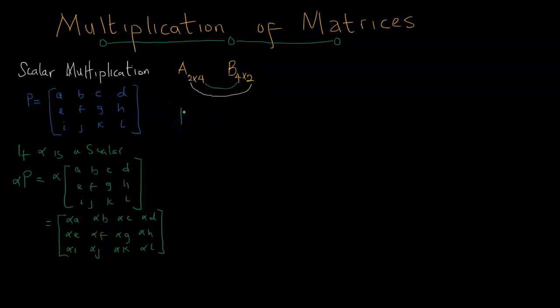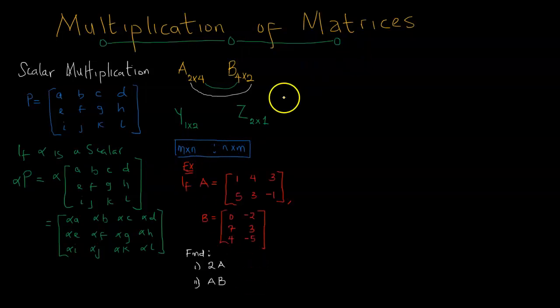Let's have matrix Y and Z. If the order of matrix Y is 1 by 2, then in order for the multiplication to work between Y and Z, Z must be a matrix of order 2 by 1. So generally, an M by N matrix can only multiply an N by M matrix. This is the rule for multiplication.